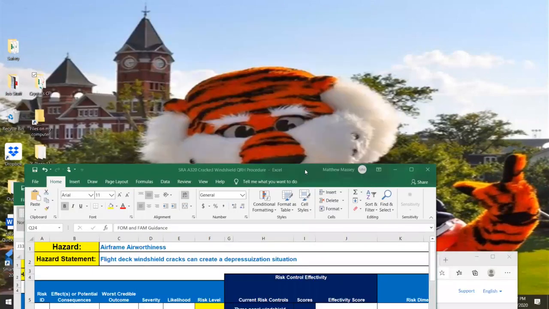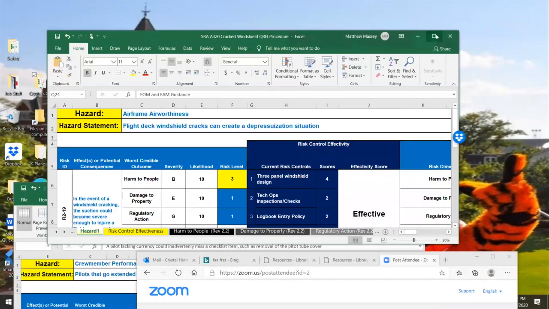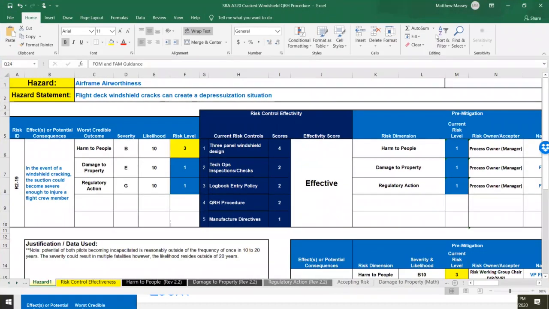Cool. All right, so I'm going to show you guys an SRA. This is a live one from an airline, and the history behind this one came from December of 2018, and it was a FOT, a flight operations transmission, that came from an event that happened in May of 2018 from an airline in China.